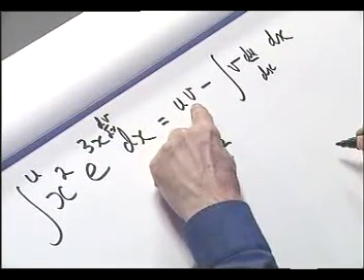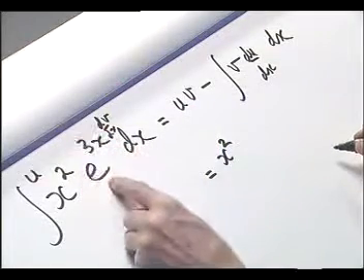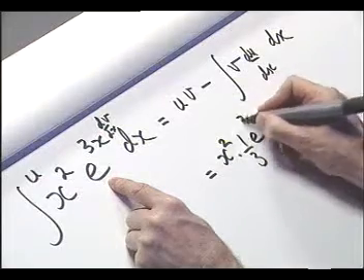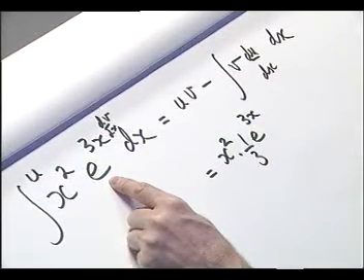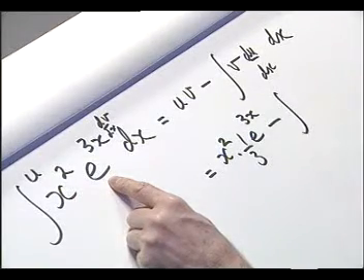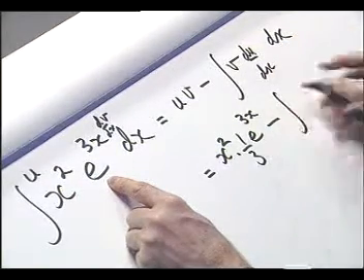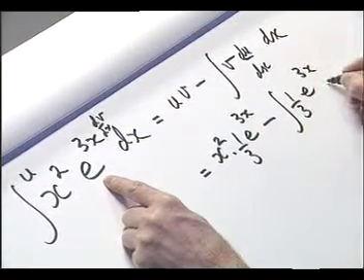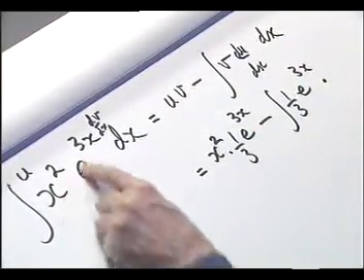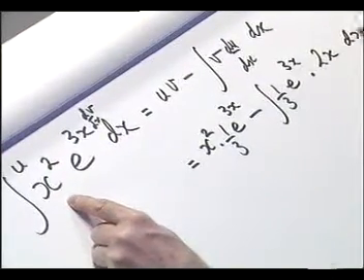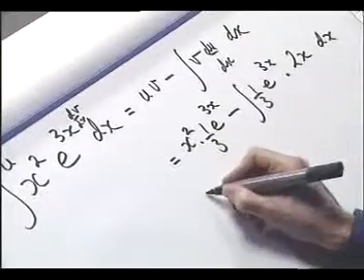Now we want v, so we need to integrate e to the 3x, which will be 1/3 e to the 3x, minus the integral of v, which is the same again, 1/3 of e to the 3x, and this time times by du by dx, times by 2x with respect to x.